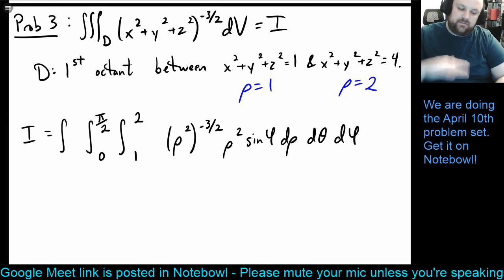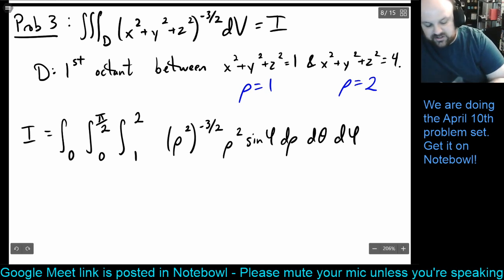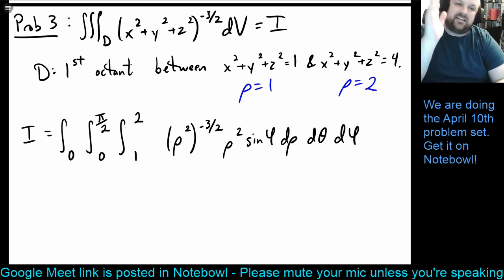We're just looking to stay above the xy plane, so we should start at 0 because the z-axis is above.